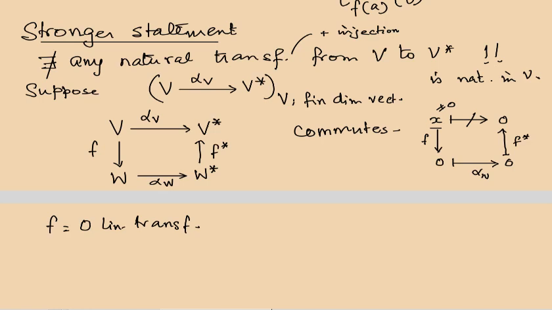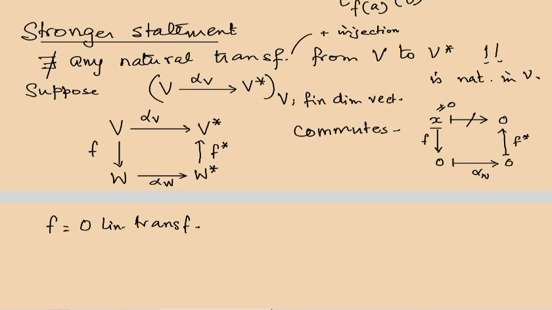It very much depends on the choice of basis that you took for V. The corresponding basis of V star depends on your choice of basis in V. If you change the basis, the bijection changes, and changes in a very, very bad way, which is said by this non-commutativity.